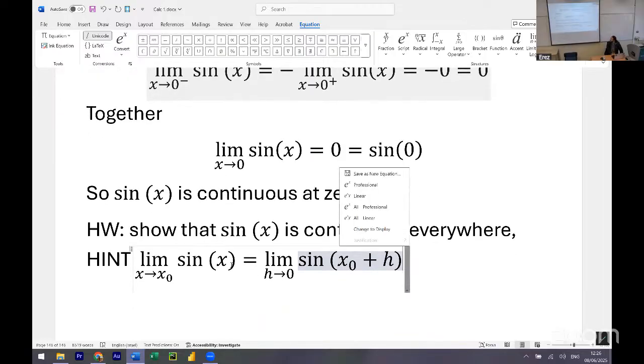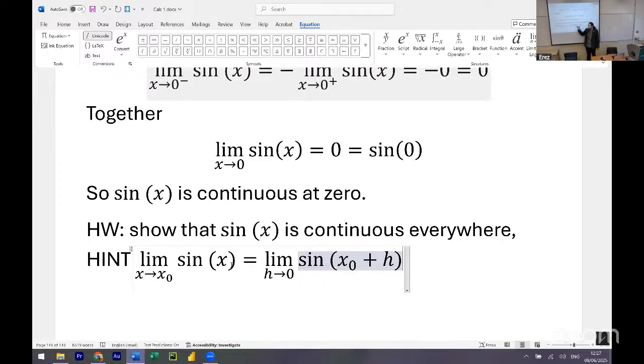You see why? If I put numbers close to x0 here, it's the same as substituting instead of h numbers close to 0. And why is that conversion helpful?